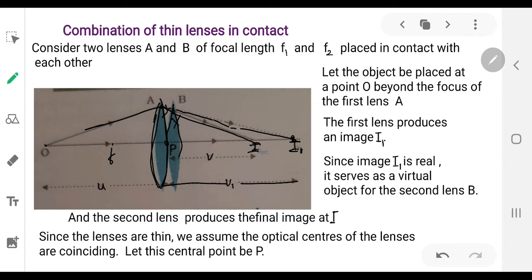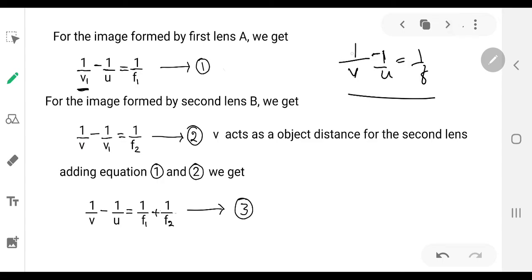So for this incident ray, I dash serves as the object. So 1 upon image distance is 1/v, because the final image formed by the second lens is at a distance of v. For 1 upon object distance, the image formed by the first lens at v1 serves as the object for the second one. So it will be 1/v minus 1/v1 is equal to 1/f2.